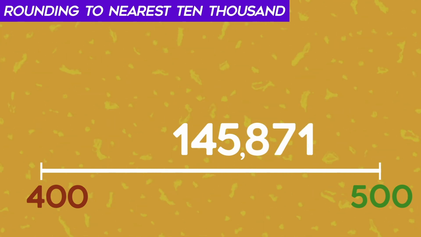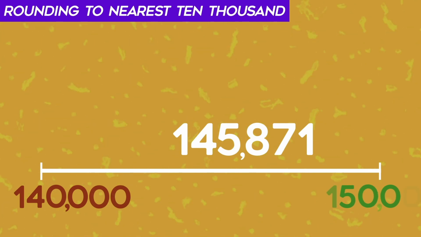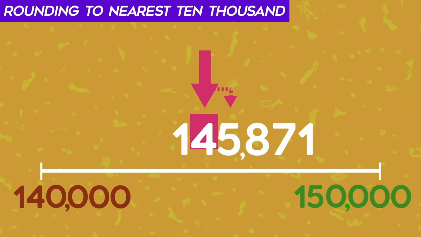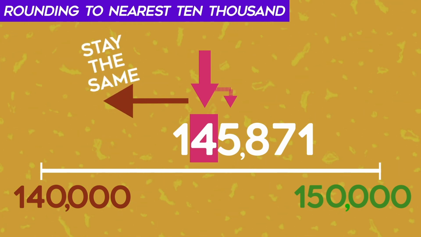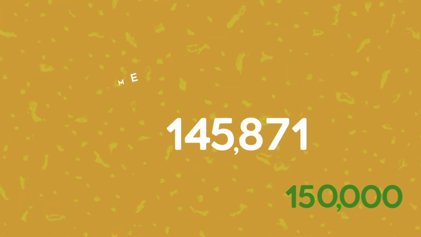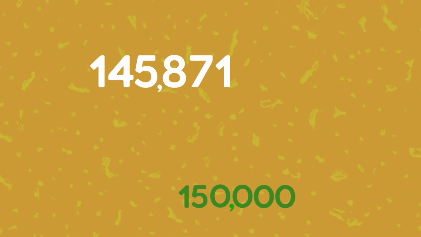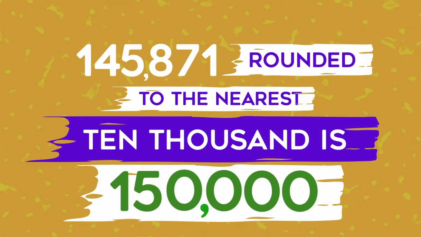And that means this lower number was 140,000 and this higher number was 150,000. Remember, all the values to the left of the target will stay the same, and all the values to the right of the target will become 0. So 145,871 rounded to the nearest 10,000 is 150,000.